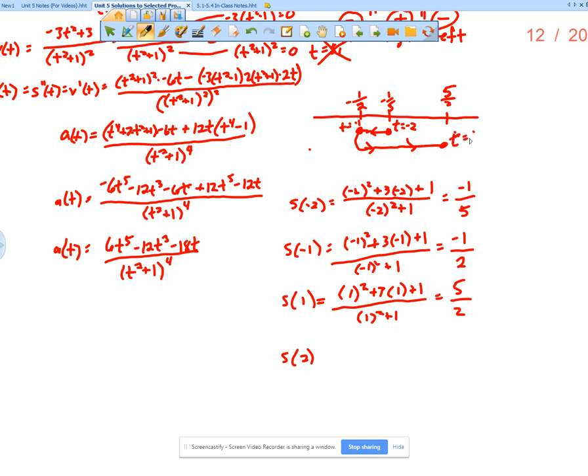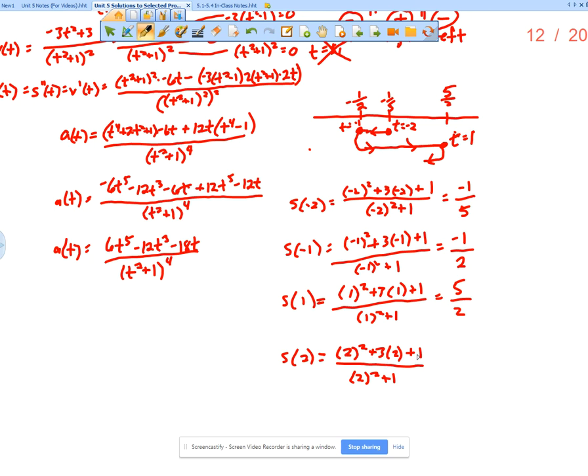And then lastly, I stopped and I turned around and I traveled back to the left until I got to t equals 2. All right, so then how far to the right did I actually get? So I have 2 squared plus 3 times 2 plus 1 divided by 2 squared plus 1. All right, 2 squared is 4 plus 3 times 2, so that would be 6.